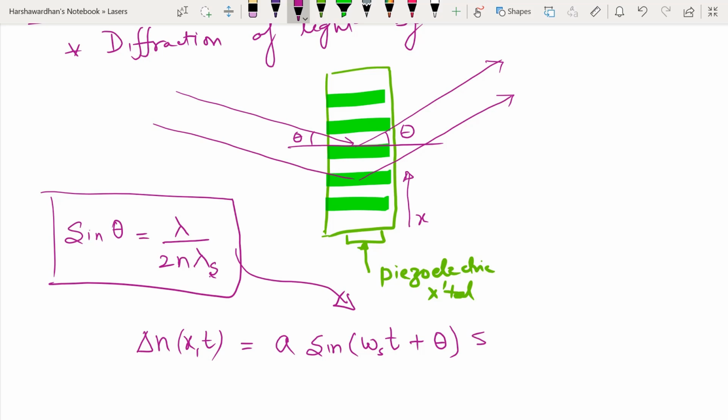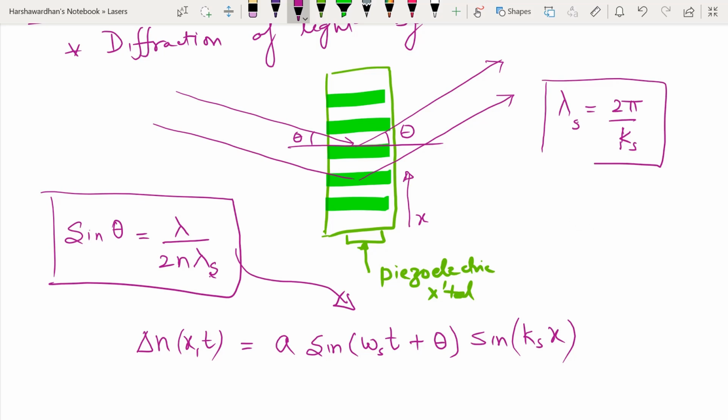Times sine ks x, right? So remember that lambda s is essentially 2 pi by ks, the usual, and my omega s is basically 2 pi nu s, right? And these all have to do with the sound wave.